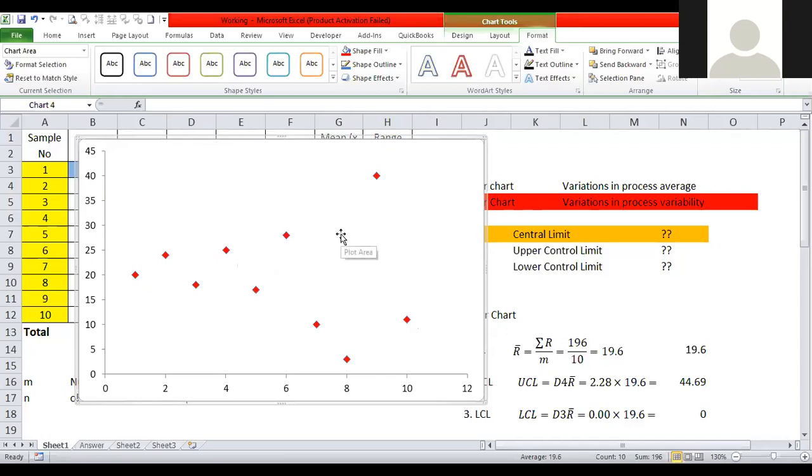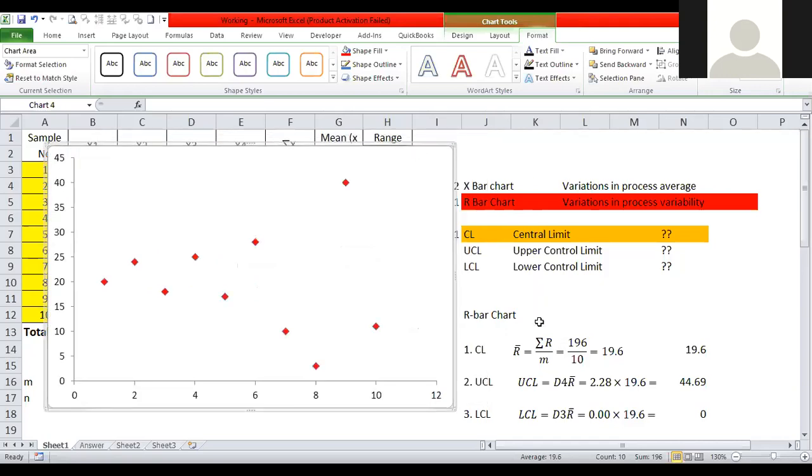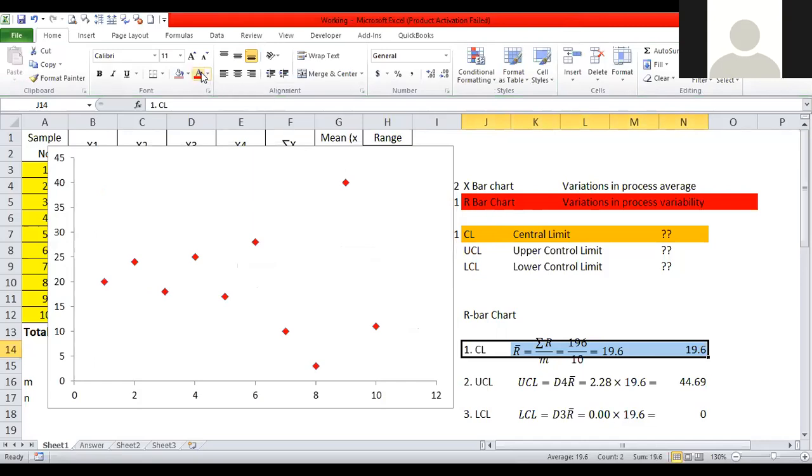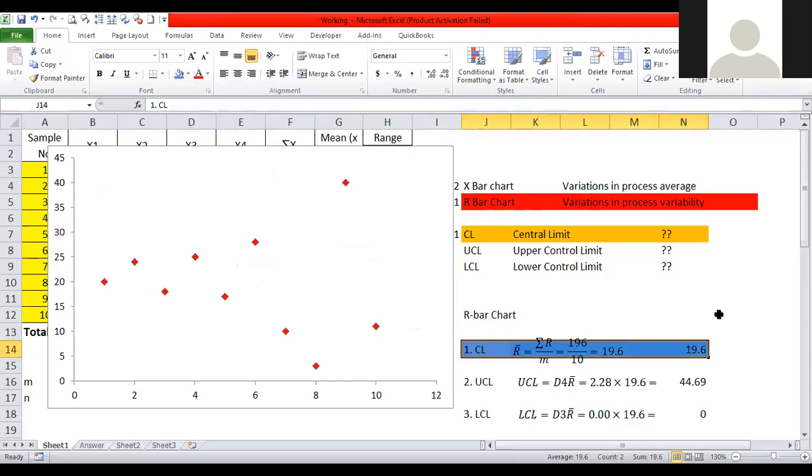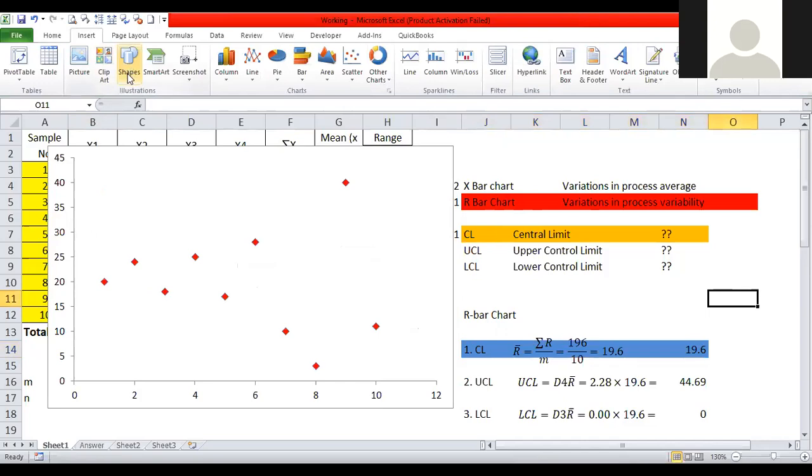Now we have to set our control limits. So we have 3 control limits. So you can see here, the first one is 19.6. So I'm going to draw the 19.6 line.